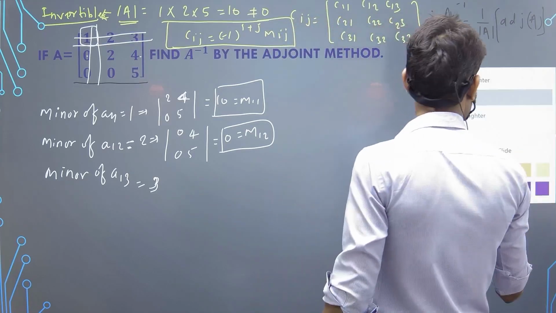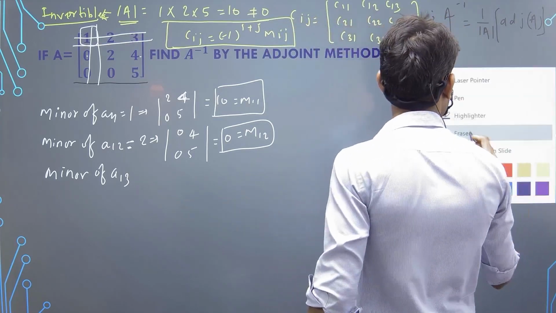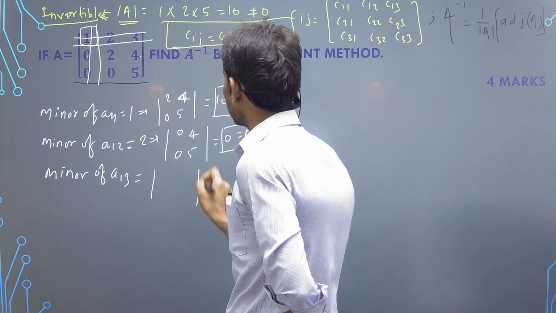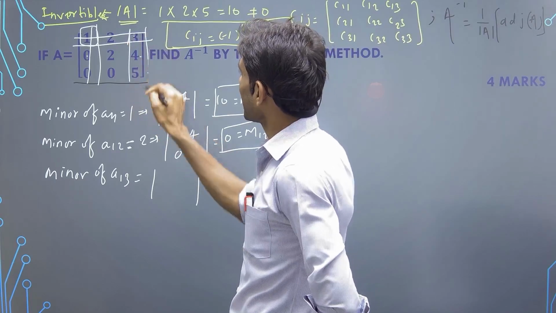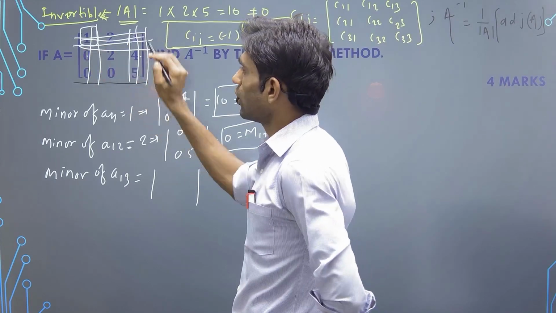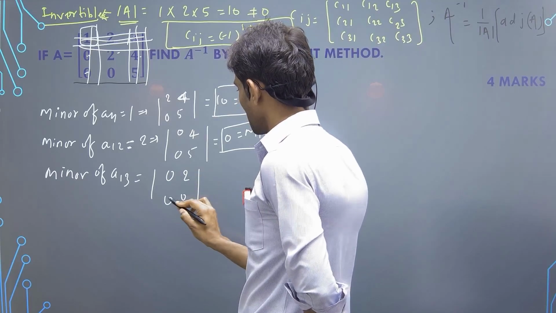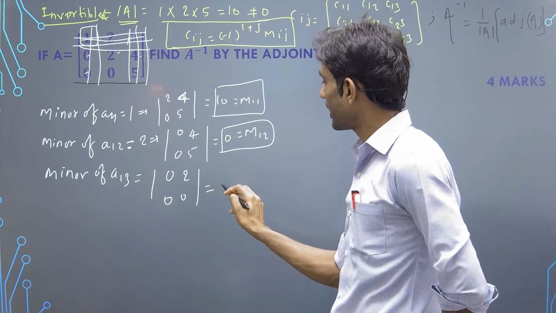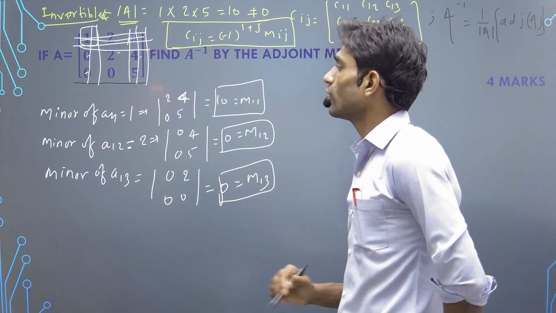Here A13 is 3. Using this 3, make the brackets and delete the entire row and column. You get 0 2, 0 0. When you find its determinant, you get 0, which is the minor of 13, the third element.